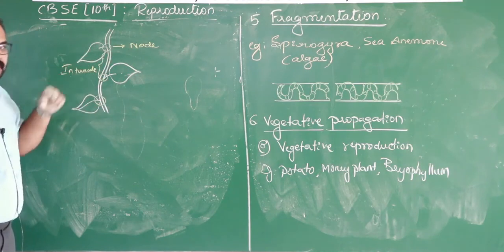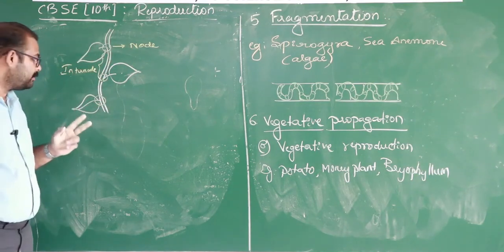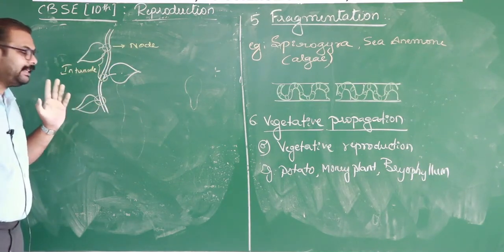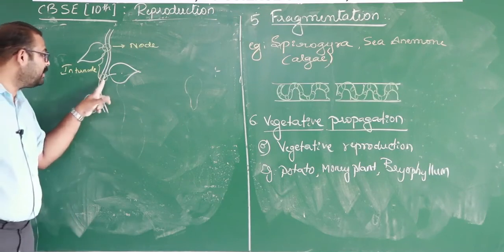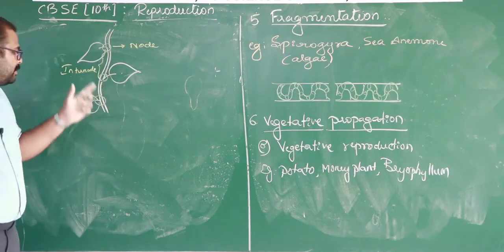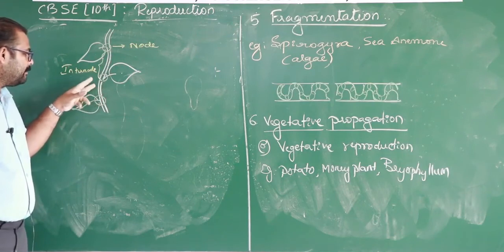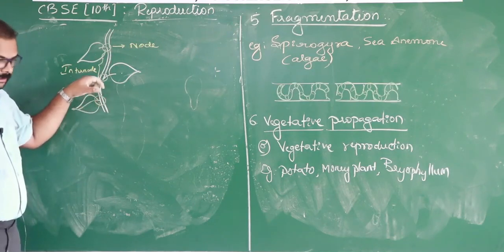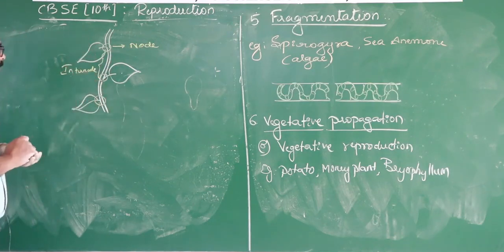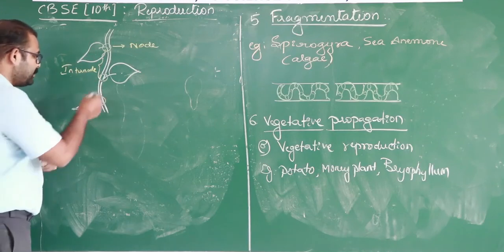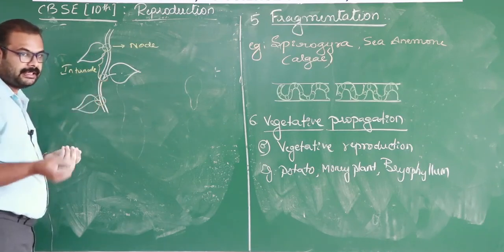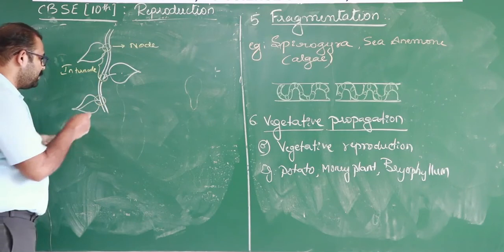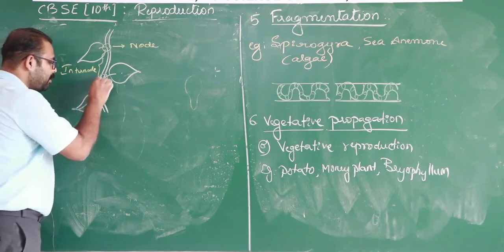Now while cutting the money plant, we have to cut it in such a way that it contains at least one leaf. Why? Because after cutting the money plant with one leaf, you place it in the water, and where the leaves are there, that is the nodal region, in that region they start developing roots.